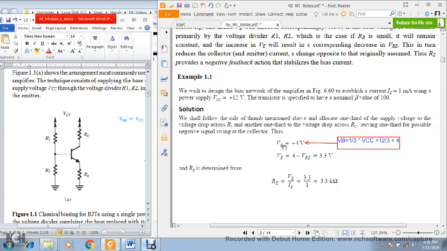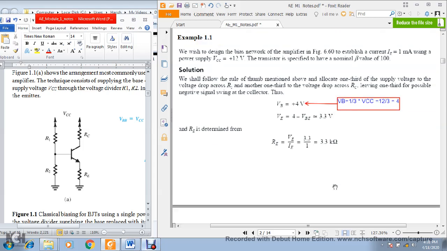By thumb rule, VB is VCC by 3, so 12 divided by 3 is 4, so VB is 4 volts. The voltage at the base of the transistor is 4 volts. Put it in this equation: 4 minus 0.7 volts, 3.3 volts is VE, the emitter voltage. Once you get this, find the value of RE: 3.3 divided by 1 milliampere, 10 raised to minus 3, which leads to 3.3 kilo ohms.